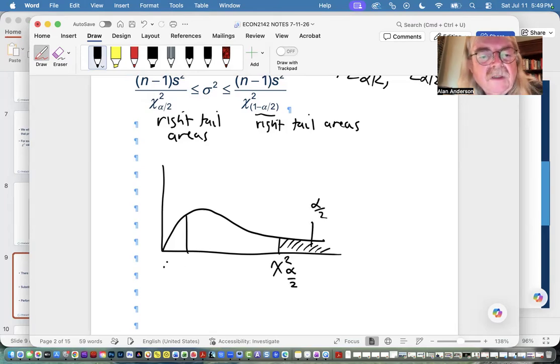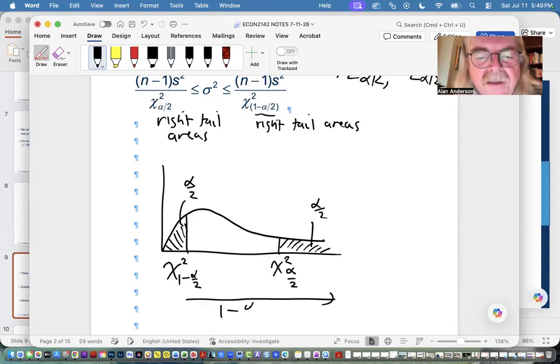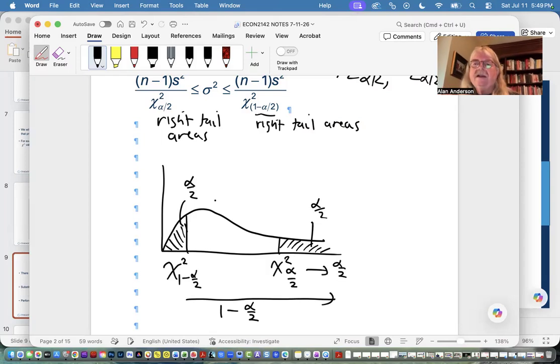And then this one, chi-square 1 minus alpha over 2 belongs here because the shaded region is alpha over 2, but that implies that this area is 1 minus alpha over 2. So again, here everything is done in terms of the right tail instead of the left tail. So we have to get used to that.